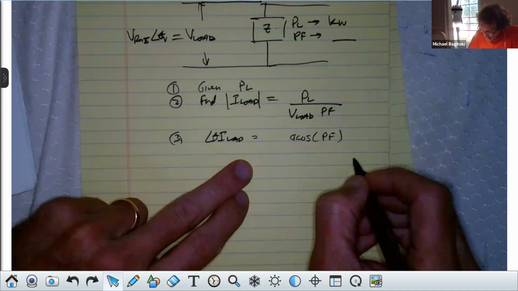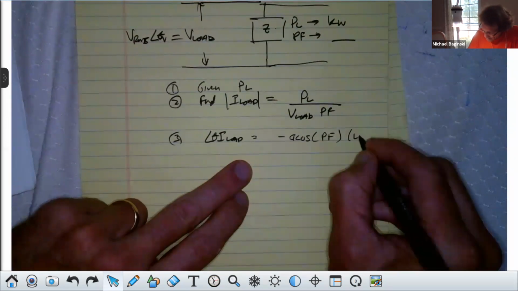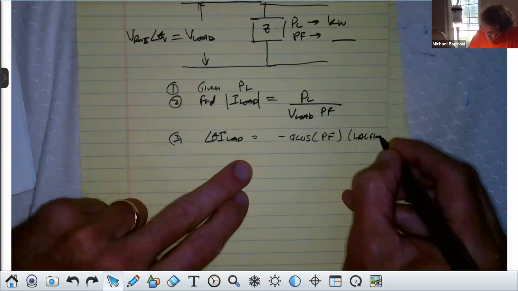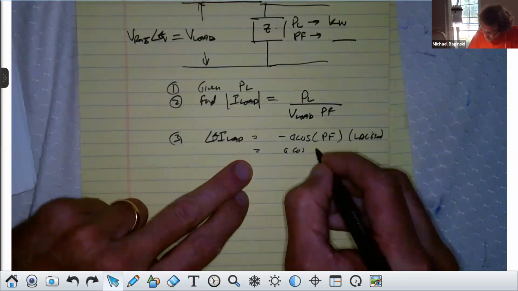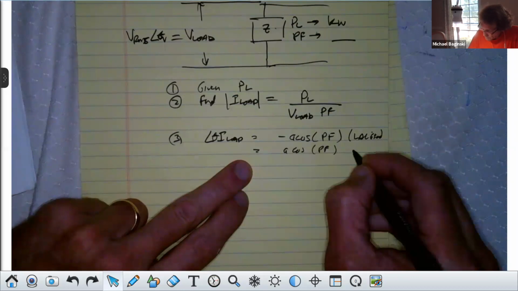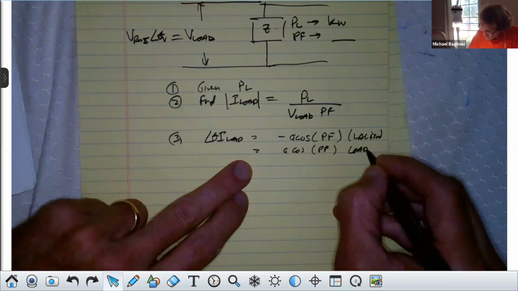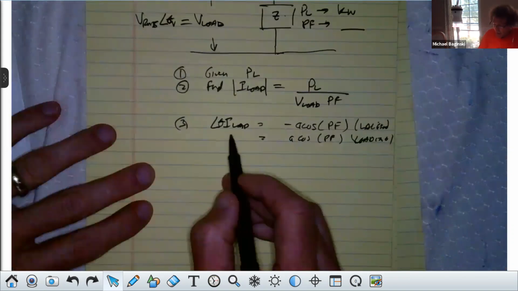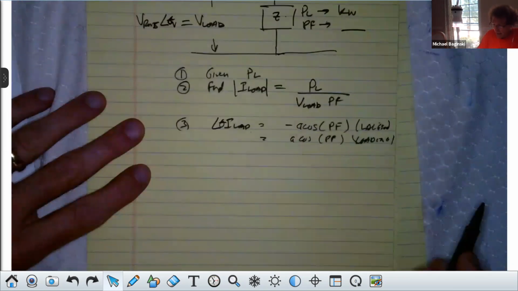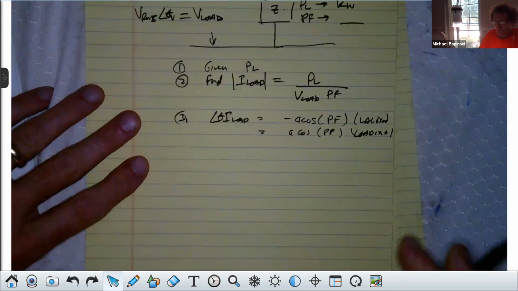If it's lagging, it's minus. That would be lagging. And if it's leading, it would be plus. All right, so you can get the current. Now you have the current and the angle, correct, class, so far?